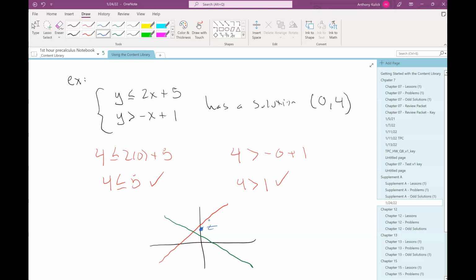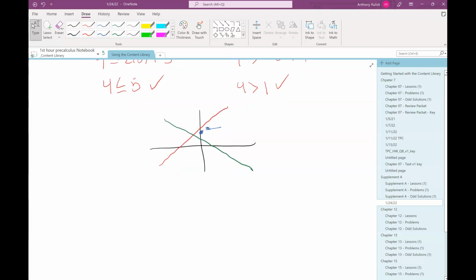So if I just graph the line y equals 2x plus 5 and the line y equals negative x plus 1, notice that the point (0, 4) isn't actually a point on either of them. And that's because the way we graph an inequality and the way we graph a line are different. Okay? So let's talk about how we graph an inequality.